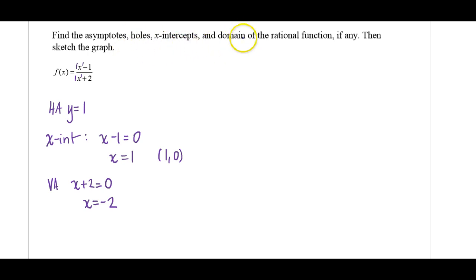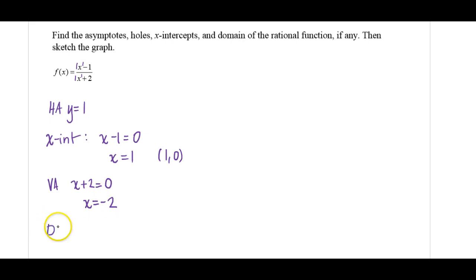So now I want to find the domain of my graph. The domain is all real numbers except for those that make the denominator equal 0. Those are going to cause problems. Well, we already did the foundational work for this. I already found that the one problem value is negative 2.